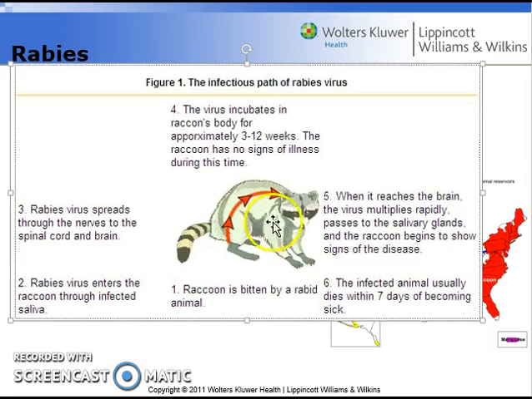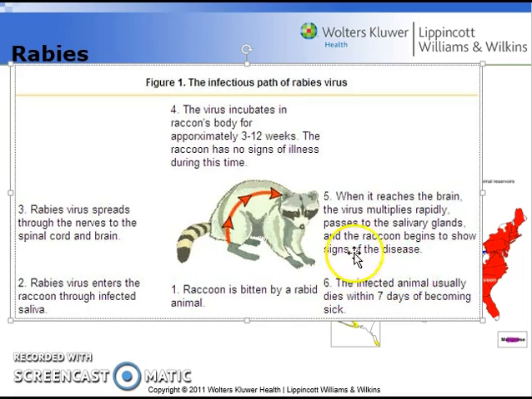Once the virus makes its way to the brain of the animal, the brain starts sending signals that allow the virus to multiply inside the host. As it multiplies rapidly, the virus finds its way to the salivary glands of the raccoon, and then the raccoon starts to exhibit signs of the disease.